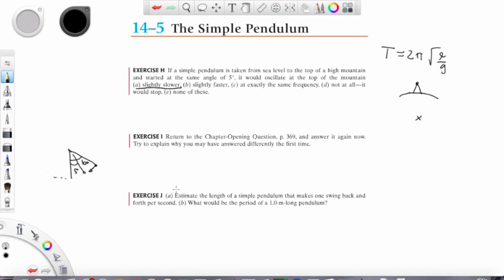Then the last one, exercise J. Part A. Estimate the length of a simple pendulum that makes 1 swing back and forth per second. So the period would be 1 second.